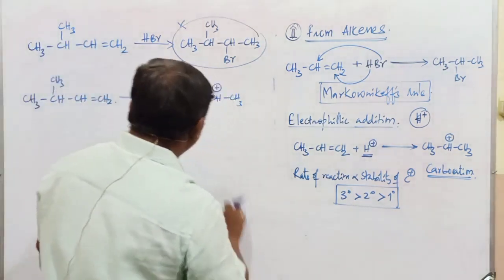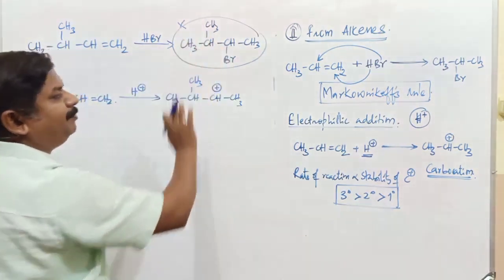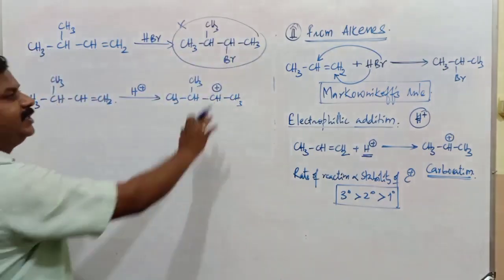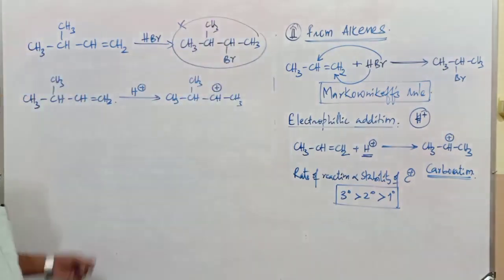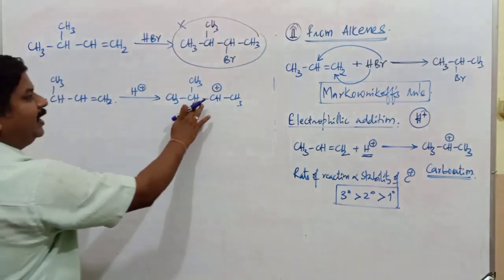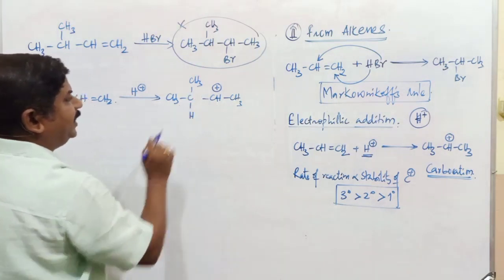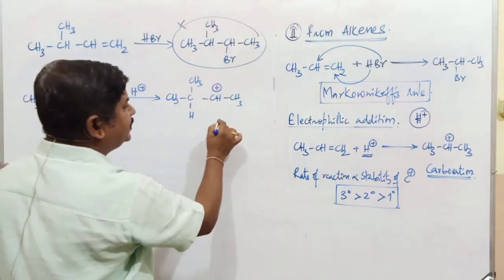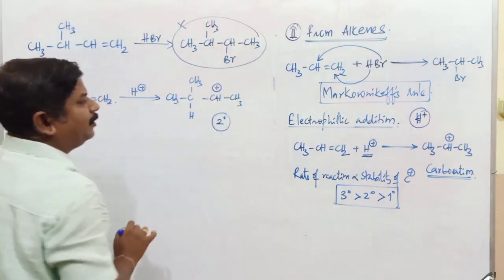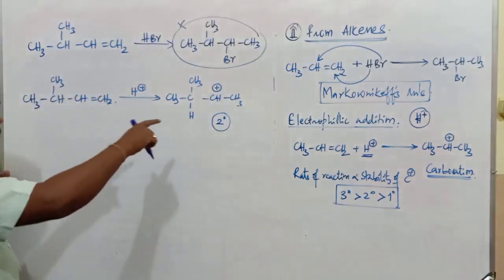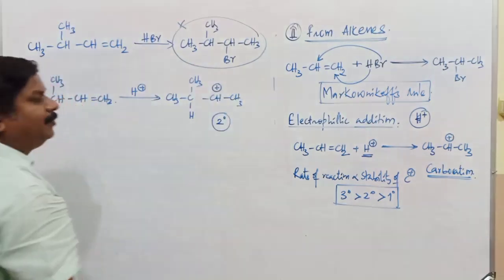In the case of this type of compound, if I directly add Br-, that is Br- adds to this carbon atom carrying the positive charge, this product is incorrect. Why is it incorrect? Here, one hydrogen atom is present on the adjacent carbon. What type of carbocation is it? It is a secondary, 2° carbocation. But there is a possibility of conversion of the 2° carbocation into a 3° carbocation.